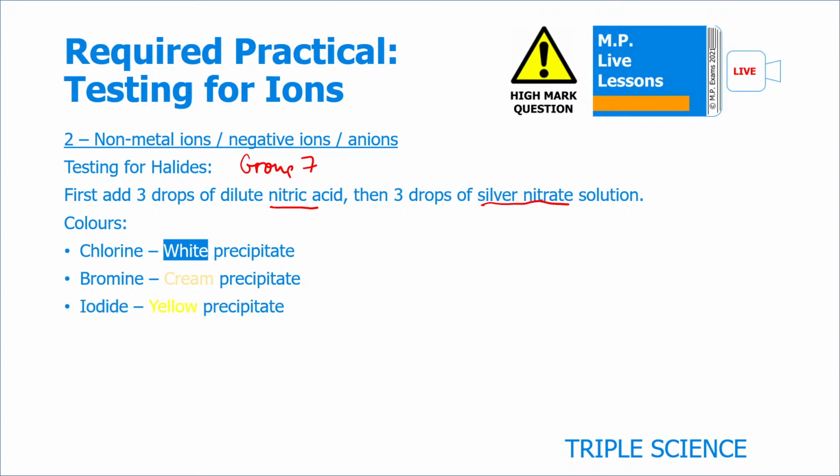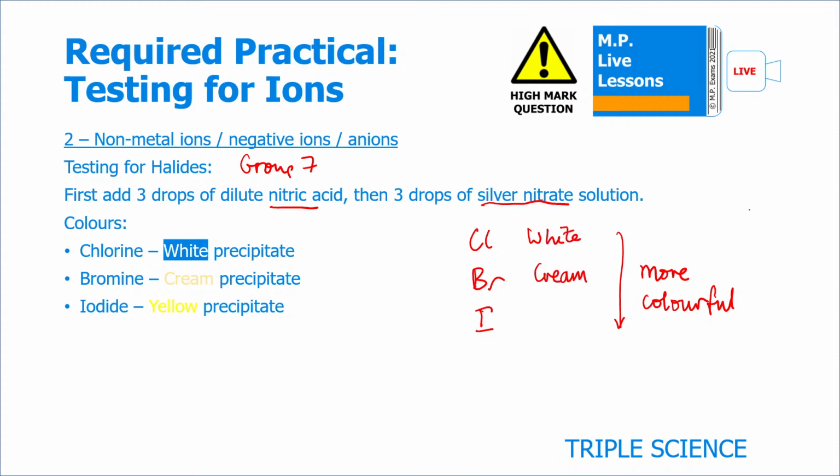And if iodide is present, a yellow precipitate is produced. I just like to remember this from the periodic table. You have in the group Cl, then Br, then I. They just get more colourful as you go down. So you start with white, then you go to cream, then yellow.